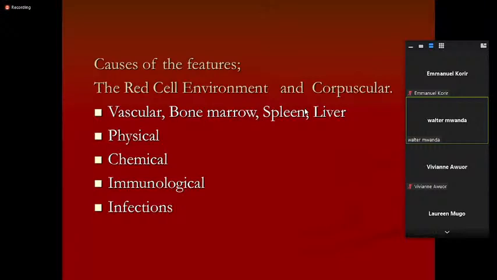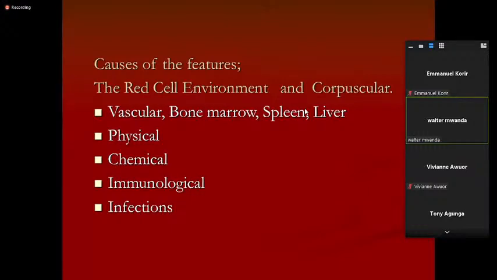We know the major environmental components of the red blood cell are the blood vessels, the bone marrow, the spleen, the liver, the lymph nodes, or the reticuloendothelial system. We know that these impact on the changes that we may see on the red blood cells.